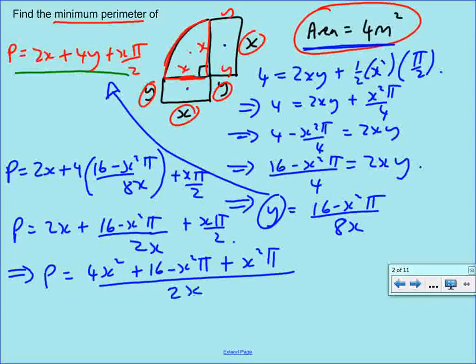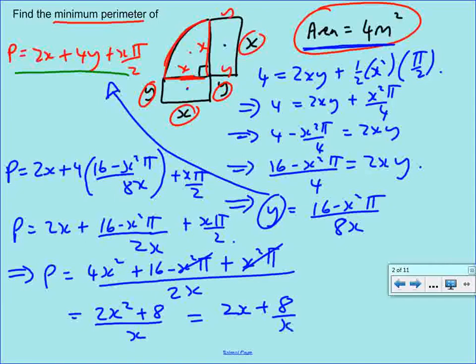Over 2x. Okay. Now we can simplify this. So this cancels with this, and I can divide everything by 2. So I get 2x squared plus 8 over x, which equals 2x plus 8 over x.